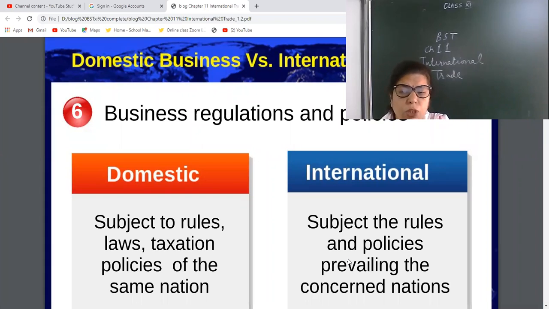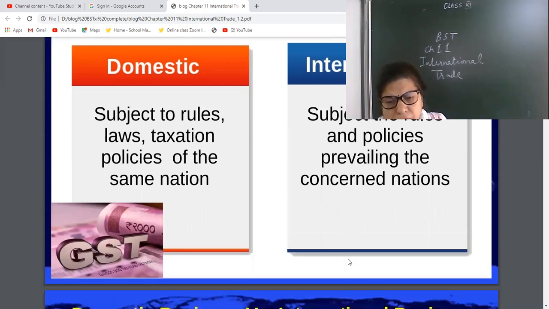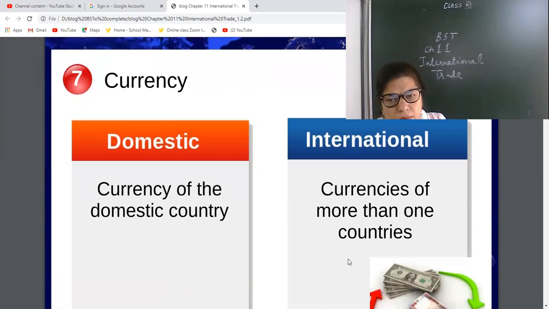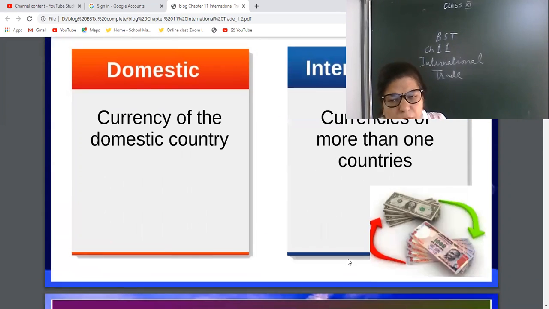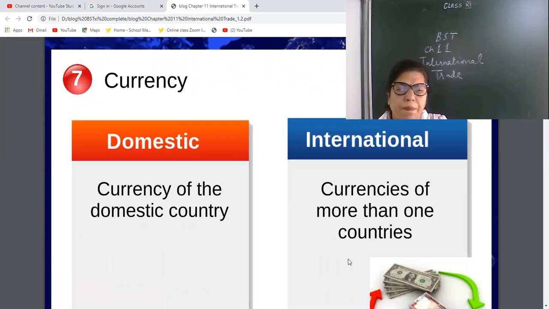So the business rules, policies, methodology, payment mechanism and transport system may be different. Then currency. I think this is an easy point for you. In domestic business, the domestic currency is used by buyer and seller. Nowadays online payment and payment wallets are there, and even if the buyer and seller deal on a cash basis, they will use the same currency, Indian rupee.